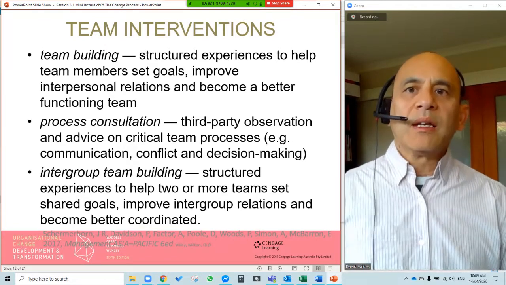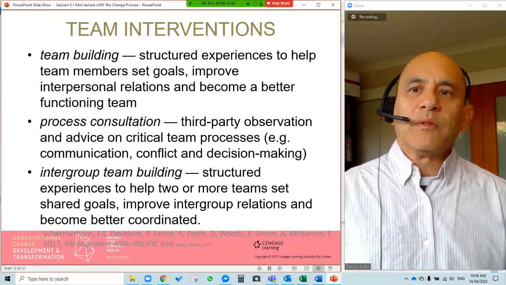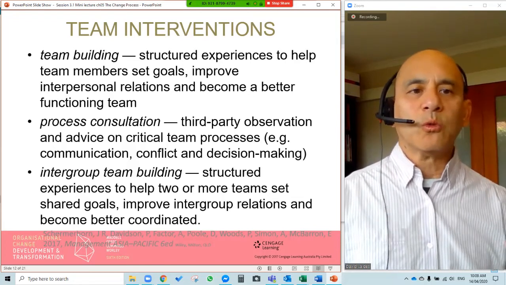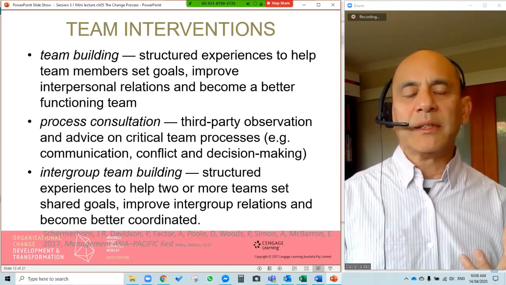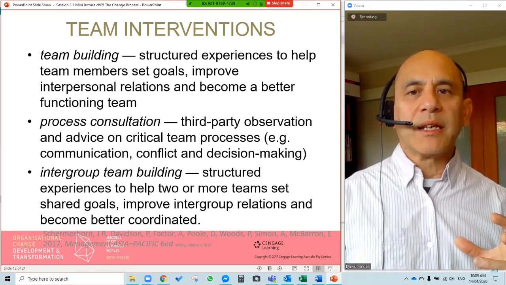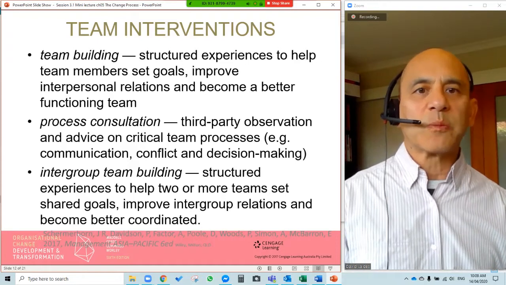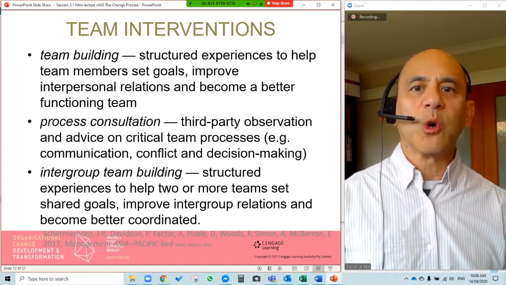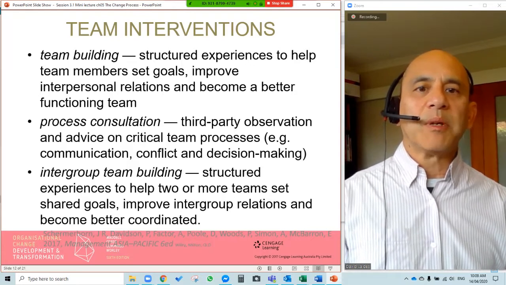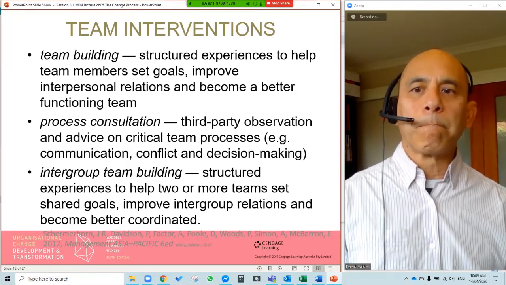There are also interventions that involve the entire team, and one of them is called team building. We'll go into more detail about what team building is all about in the near future. But in a nutshell, these are structured experiences to help team members set goals, improve their interpersonal relationships, and become a better functioning team.